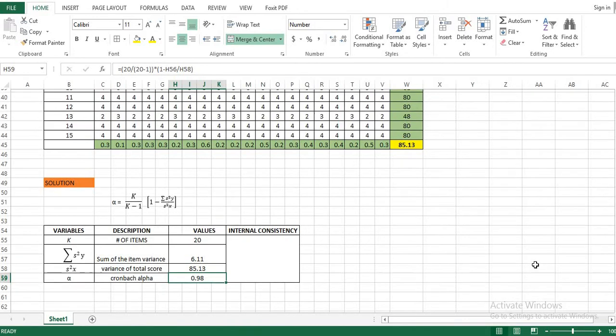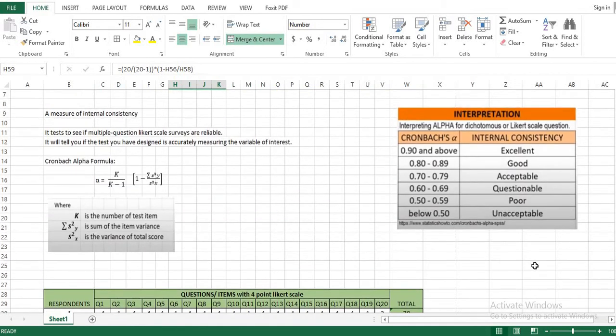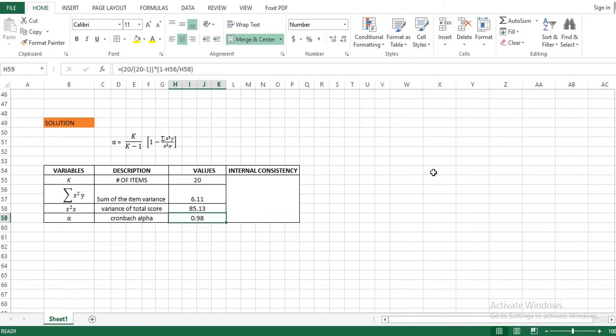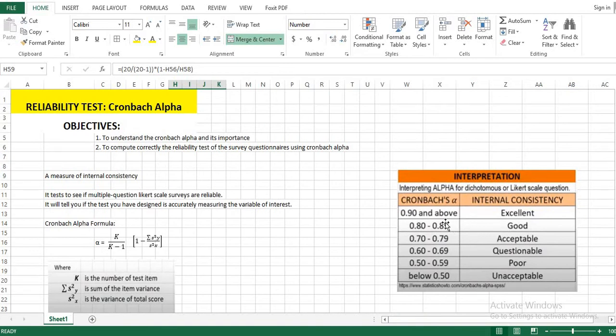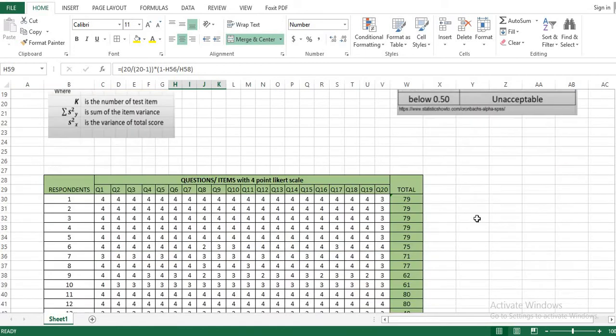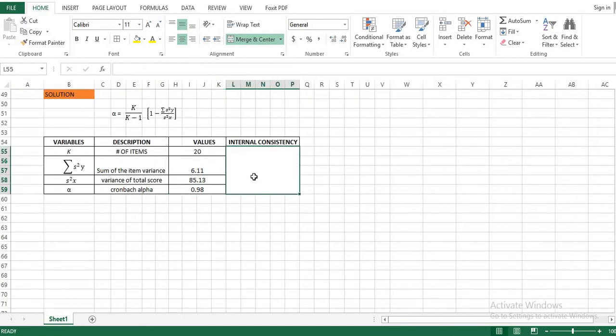Now let us go back to the interpretation. This is the interpretation. So we have the result 0.98. Where does 0.98 belong? Alright, so the 0.98 is in the excellent. So we are going to write the interpretation: excellent.